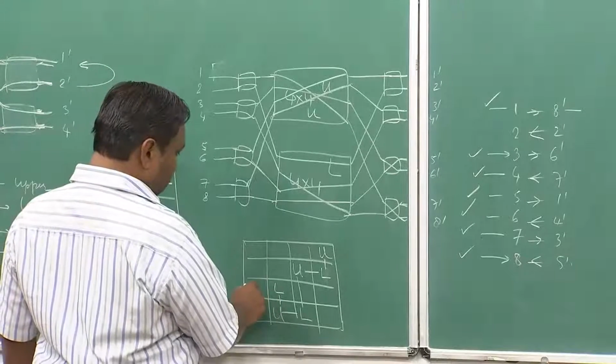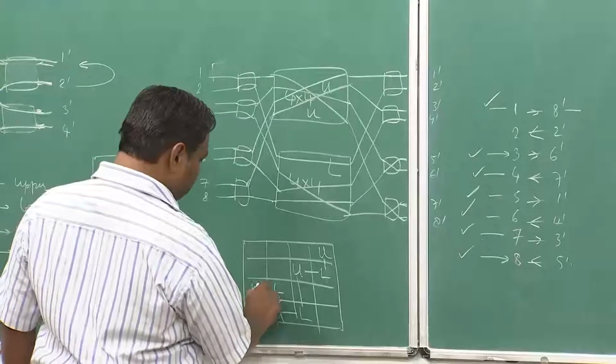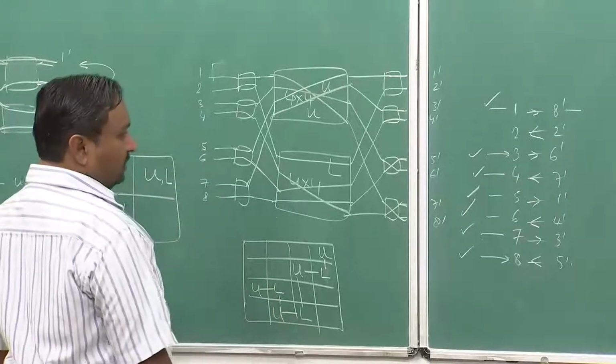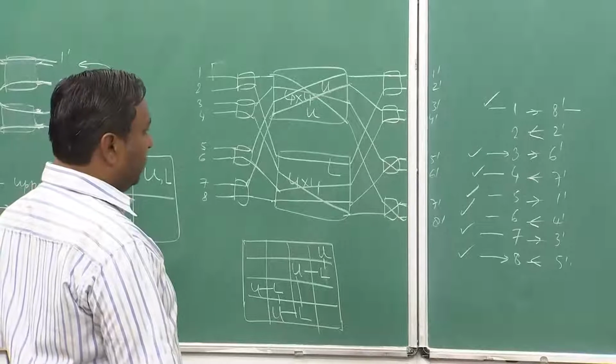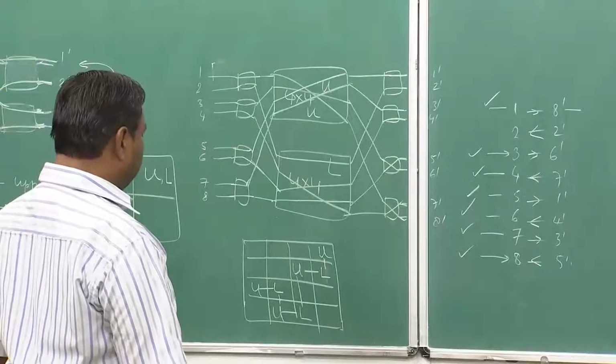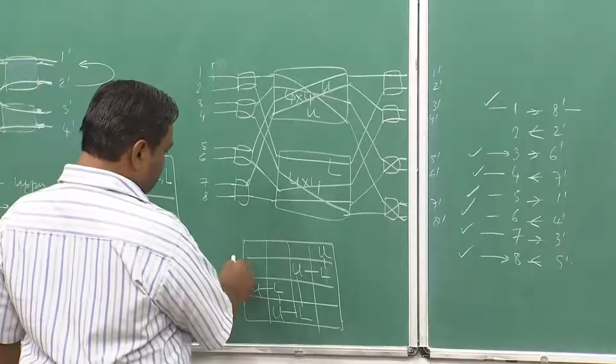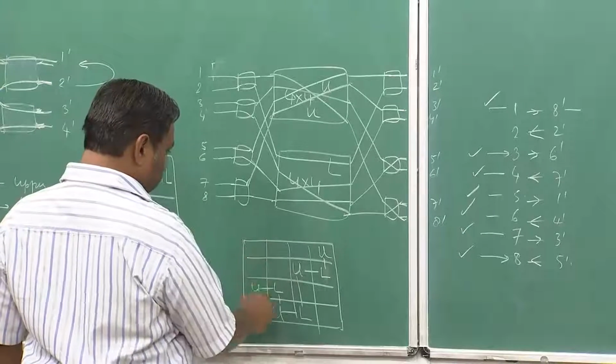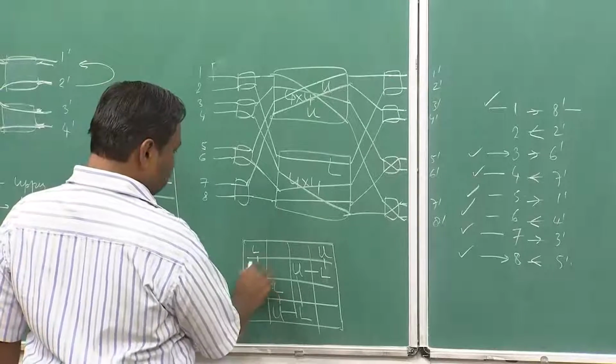So, 5 comes here and 1 prime comes here, so upper. And then 2 to 2 prime. So, 2 comes here, 2 prime comes here, so I will make lower.